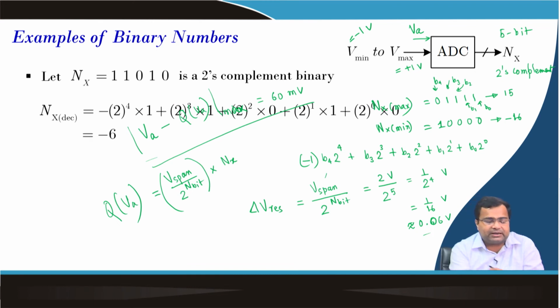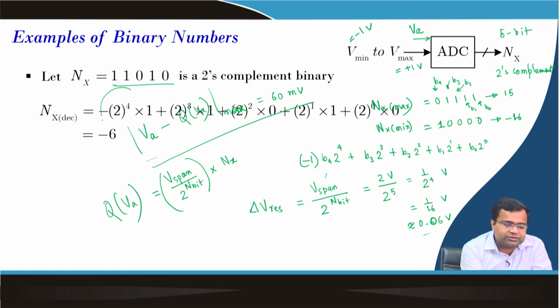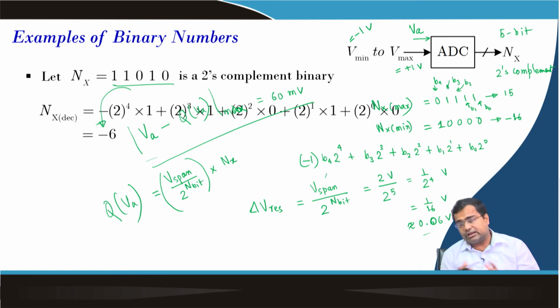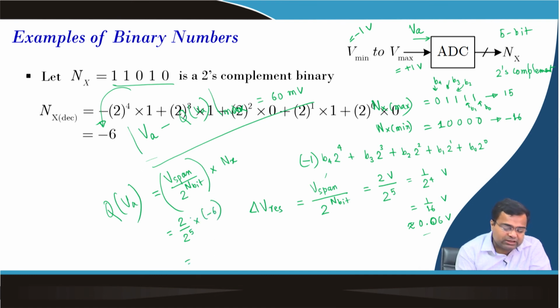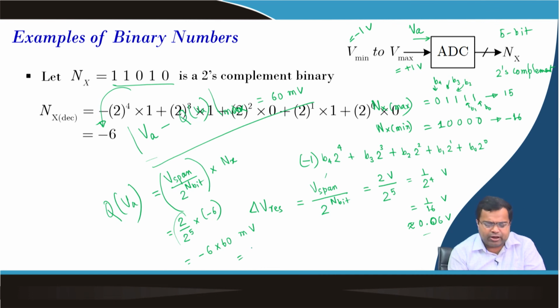If this particular case gives rise to minus 6, you can realize what will be the analog voltage. What is the analog voltage in this case? It will be 2 by 2 to the power 5 into minus 6, and we know that this ratio is 60 millivolt. So minus 6 into 60 millivolt corresponds to roughly 0.100 millivolt.